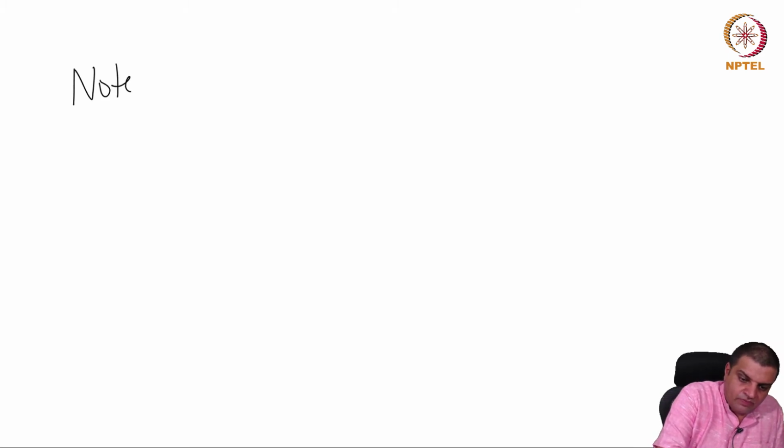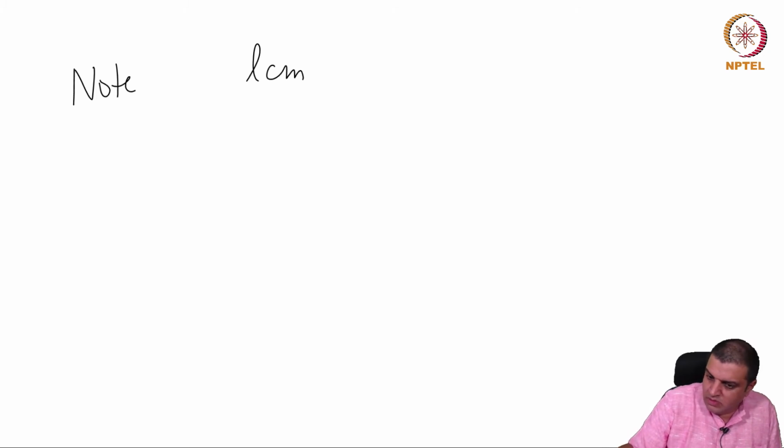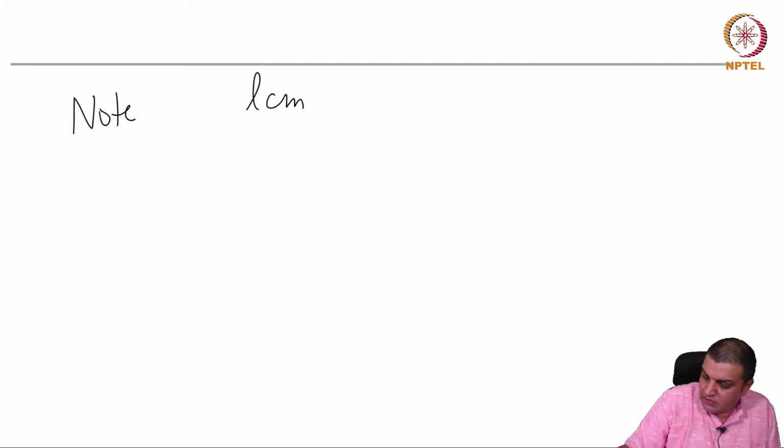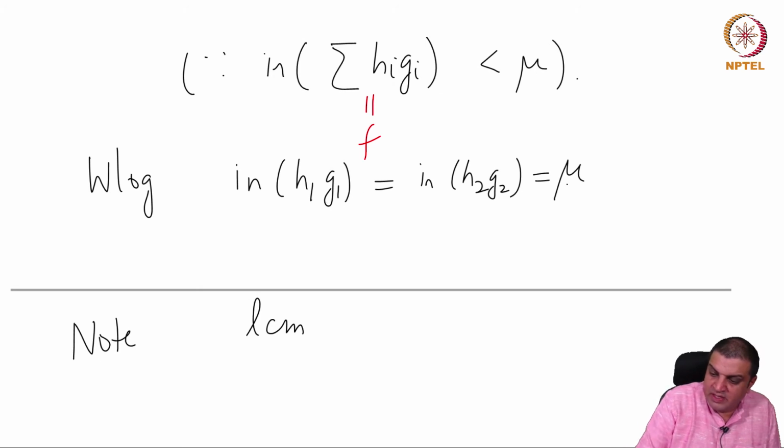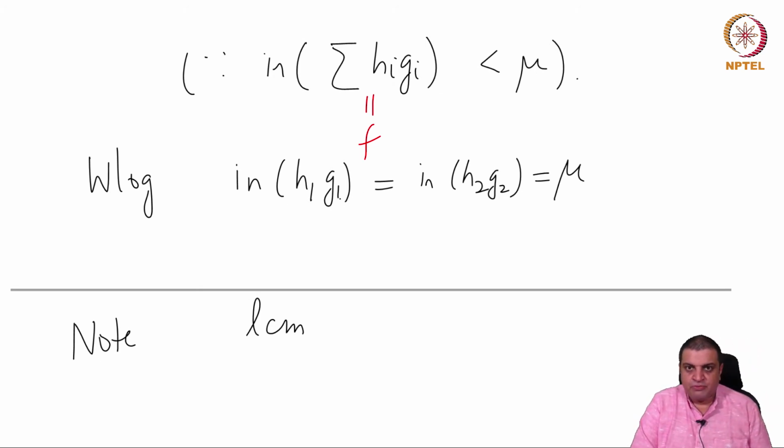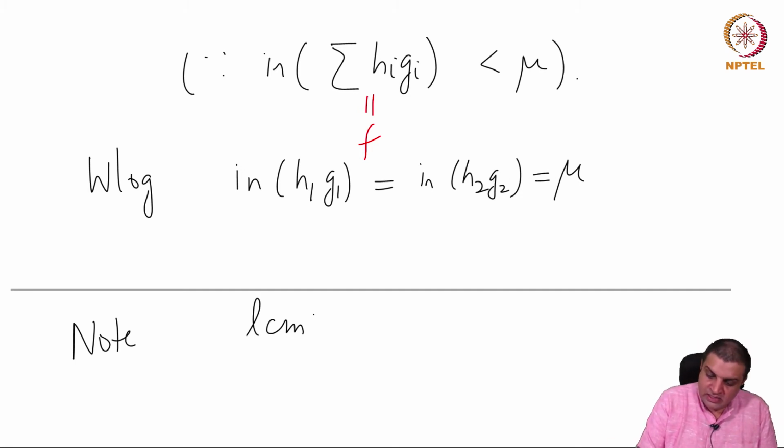Okay. So now note that the initial term of G1 divides mu. The initial term of the product of two polynomials is the product of their initial terms. So the initial term of G1 divides mu, similarly the initial term of G2 divides mu, hence the LCM of the initial terms divides mu.